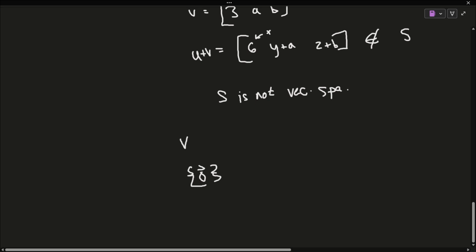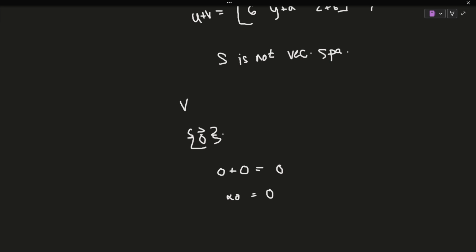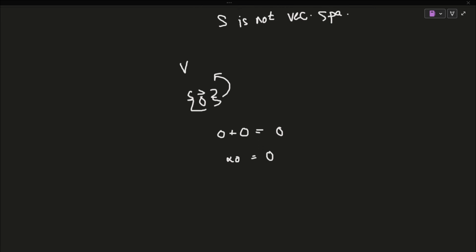This is pretty easy to follow, because if you take two of these, you just get the zero vector, and any scalar times the zero vector is just going to equal 0. So this still belongs to V because it's not changing. And so yeah, that is a valid vector space.